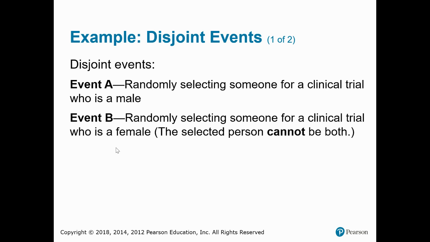Here's an example. Event A is randomly selecting someone for a clinical trial who is male. Event B is randomly selecting someone for a clinical trial who is female. The selected person cannot be both. Right? It's disjoint. Disjoint because they cannot be both.